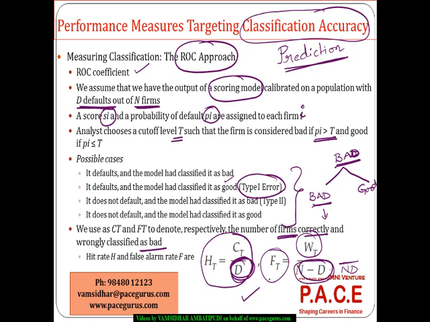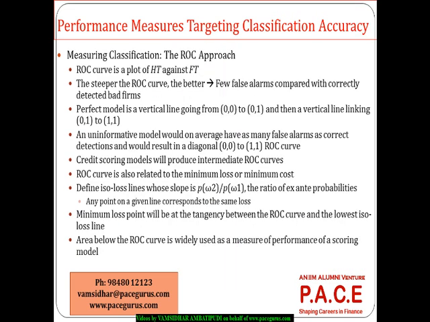So we are trying to compute CT, where HT is the hit rate and FT is the false alarm rate. We are trying to find out both of them. What the ROC is doing is, I take the hit rate versus the false alarm rate.